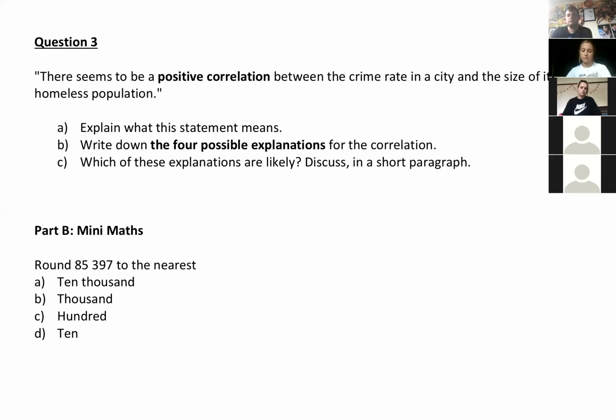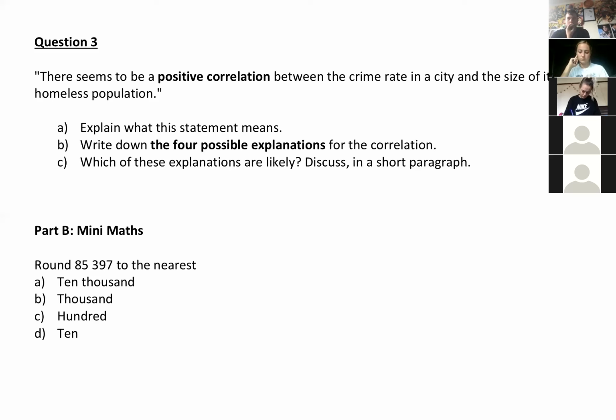So an increased crime rate can absolutely increase homelessness. So addiction, drug abuse and all that can cause an increase in homelessness because of financial difficulties. Also domestic violence. If you've got a large amount of domestic violence in a place, that can cause an increase in homelessness. So there are a number of crimes that would be directly related to homelessness. So we can definitely see our way to the plausibility of the first explanation.